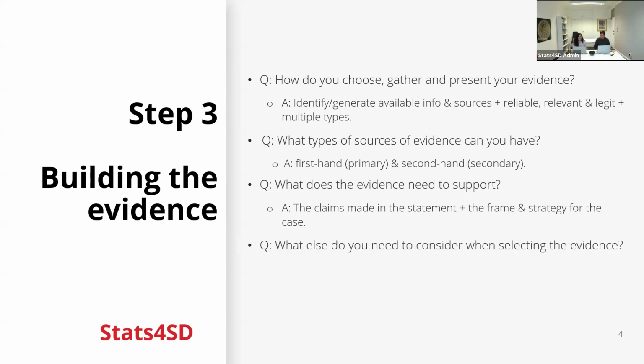But then what else do you need to consider when selecting the evidence? And we have mentioned this as well. You should always remember the priorities and values of the target audience, because the target audience are the people you want to take action on your case. They're the people you want to convince.